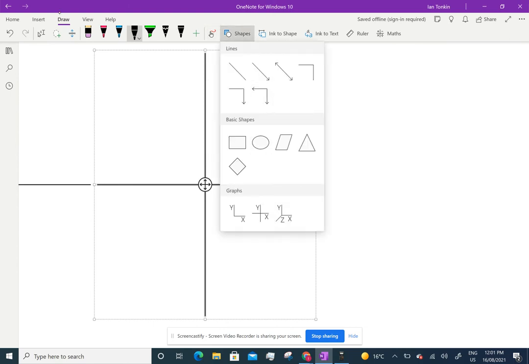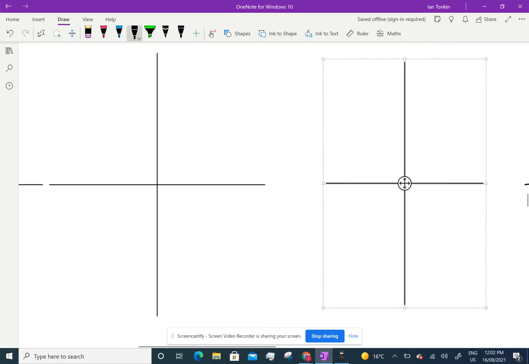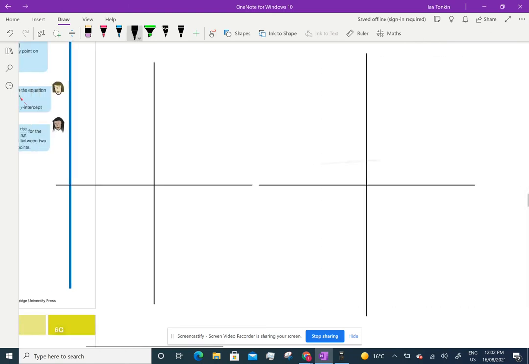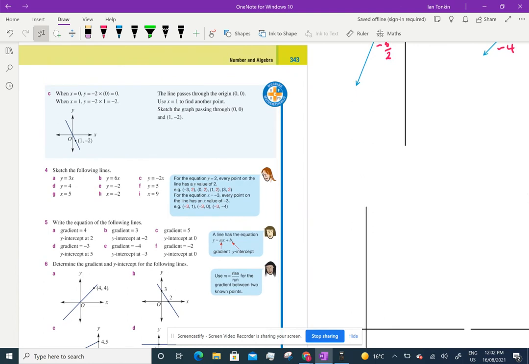Let's start with 3 and see how we go. I might do 2 of them on the same one. The first one, so 4a, y equals 3x plus 0. Oh, hold on. There's no plus 0.